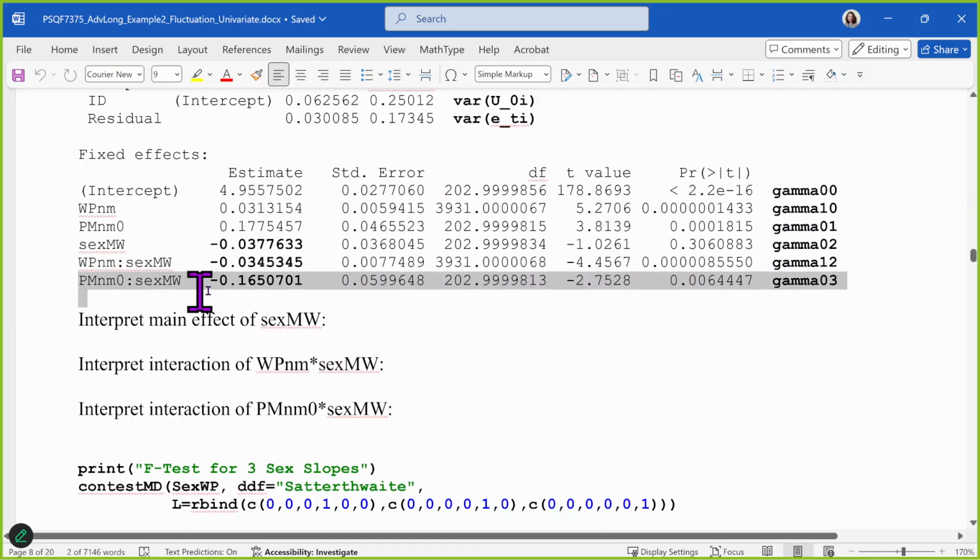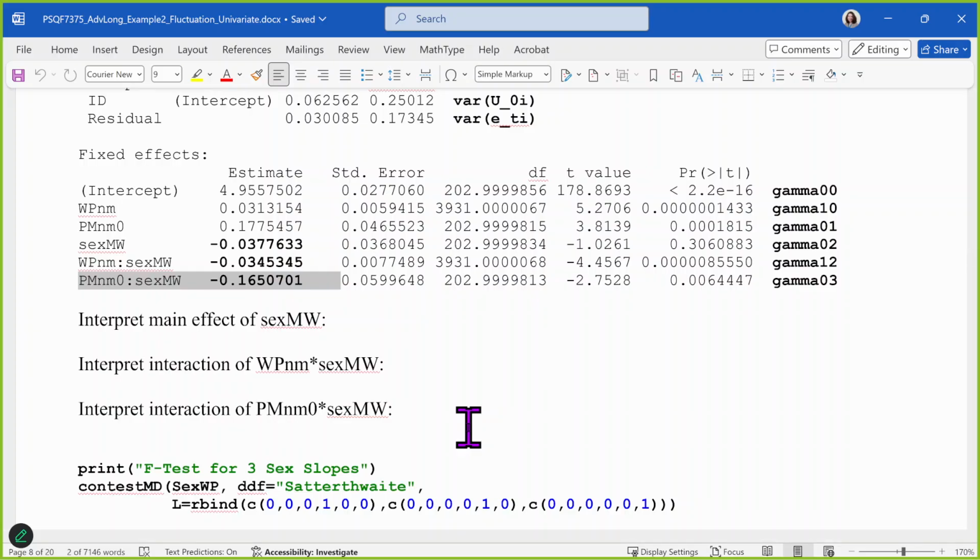Last but not least, gender by person mean negative mood, 2 or 1. Got 2 votes for 2. Can I repeat? Yes. The last interaction of gender by person mean negative mood, did it account for level 2 random intercept variance or level 1 residual variance?